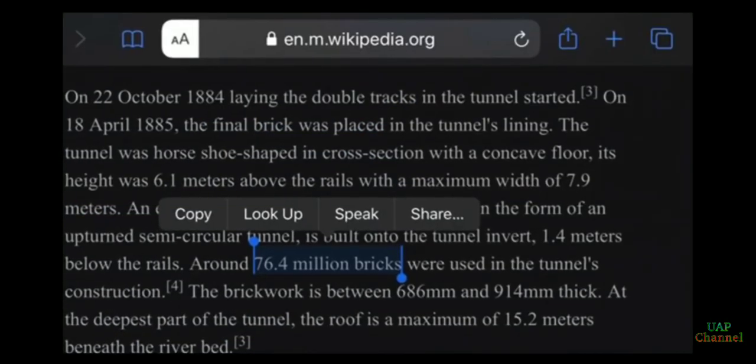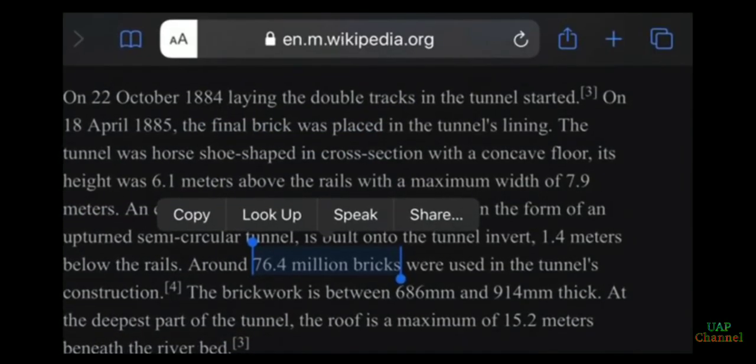But I want to point out that tunnel is made from 76.4 million bricks, okay? So that is about as many as these cathedrals are made of that I'm going to show you. And it's all going to come together.